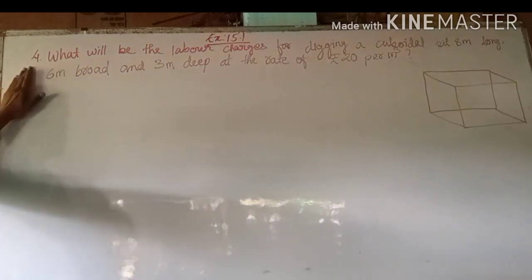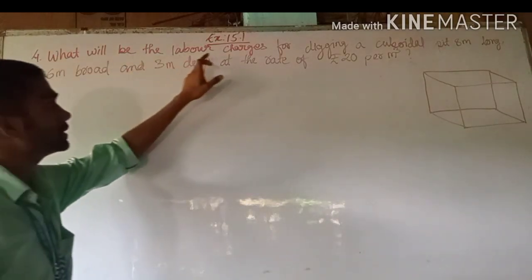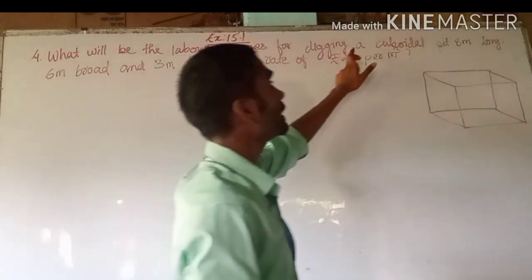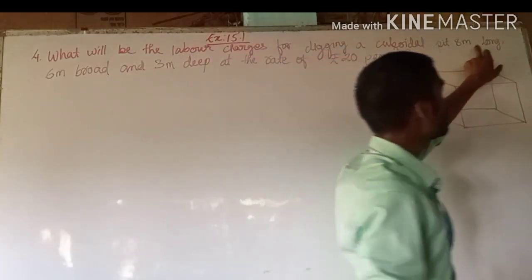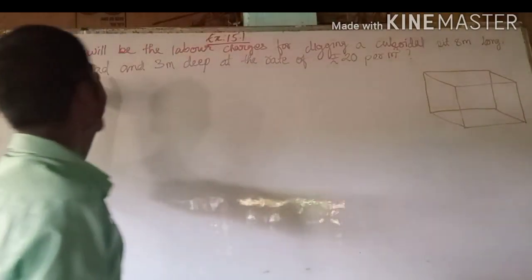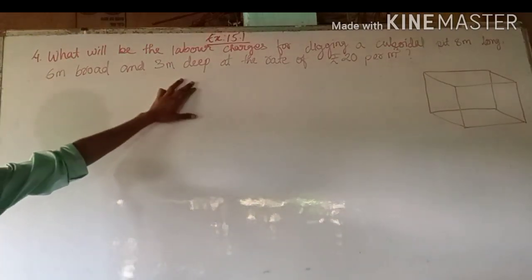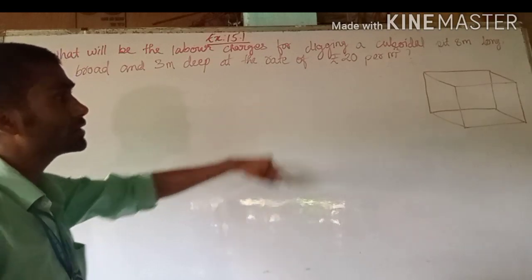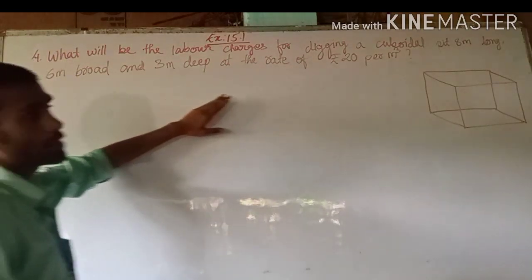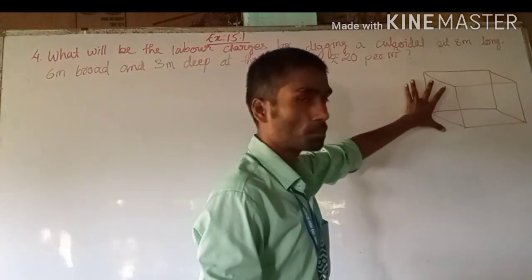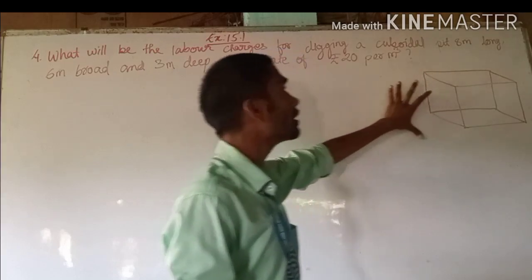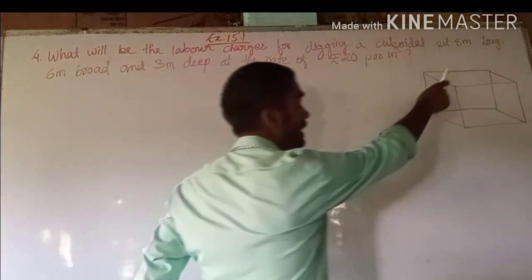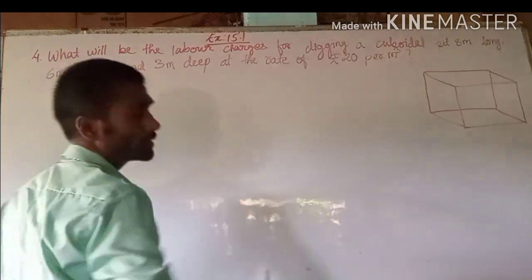Now question number 4. What will be the labor charges for digging a cuboidal pit 8 meter long, 6 meter broad and 3 meter deep, at the rate of rupees 20 per meter cube? That means a cuboidal pit is to be dug where the length, breadth and height are given.